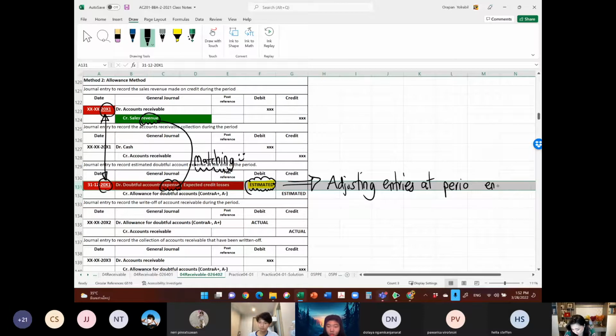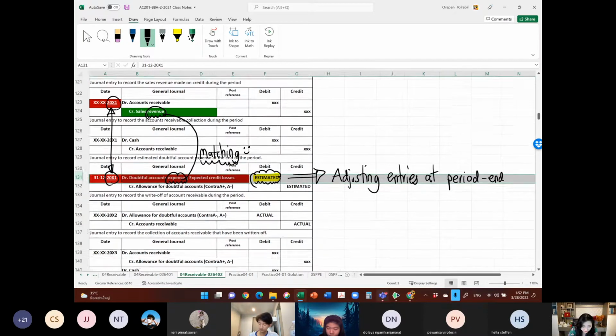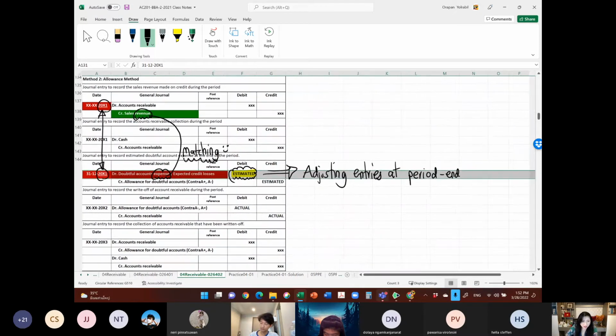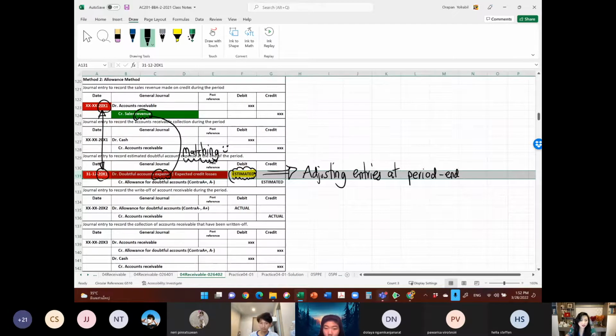So at the end of each period, you need to estimate this expense and then record the estimated expense so that the expense can be matched with the revenue in the same year. And if you do this, then your profit would be meaningful.